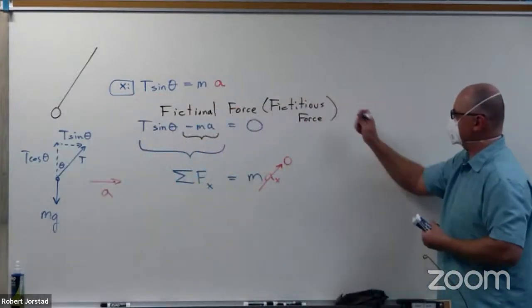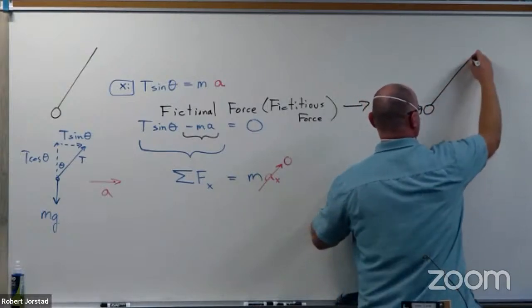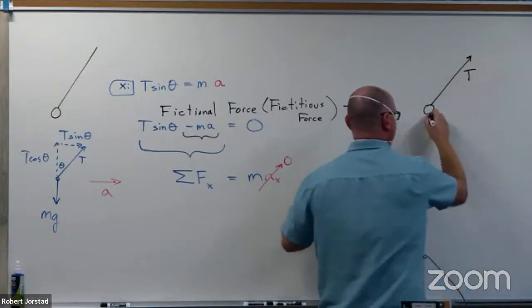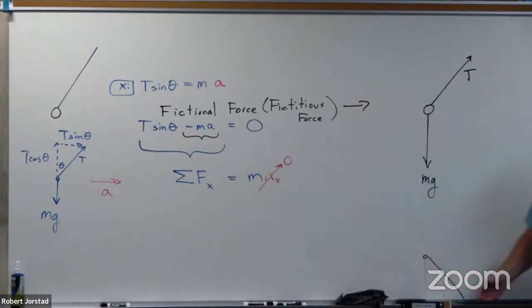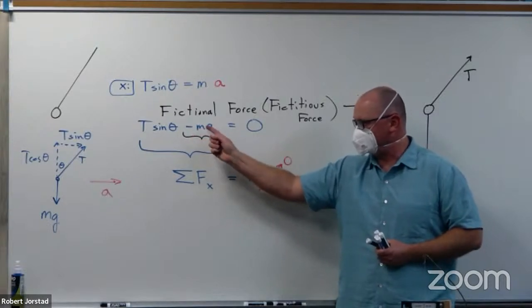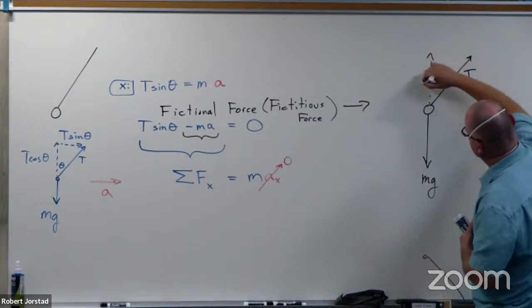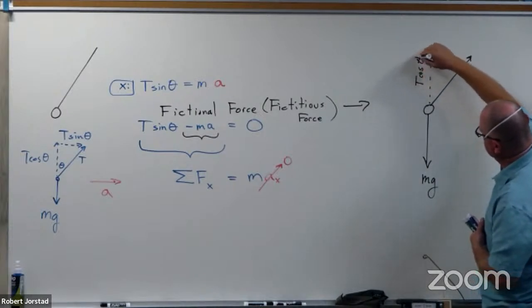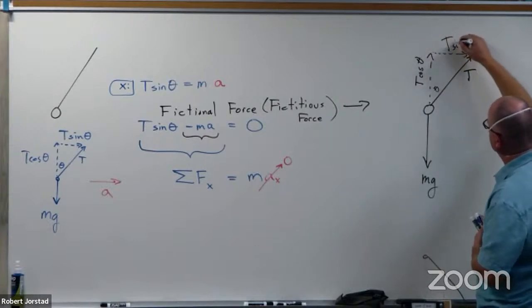Look, this is equivalent to the following free body diagram. There's tension here. There's mg down. What? This would have to be a force that has size ma pointed which way? Help me out, right? This is T cosine theta. This was theta. This is T sine theta.